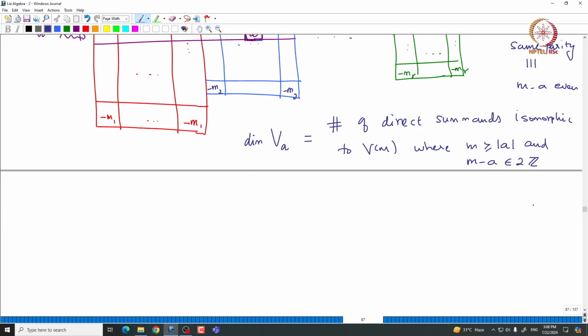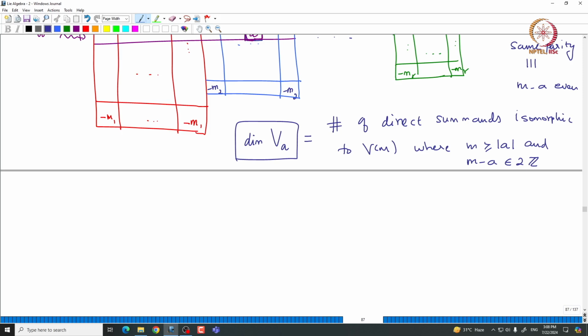Okay. If these two properties are satisfied, then that contributes one dimension to V A. So, you count all of them, then that will be the dimension of this V A. Okay.